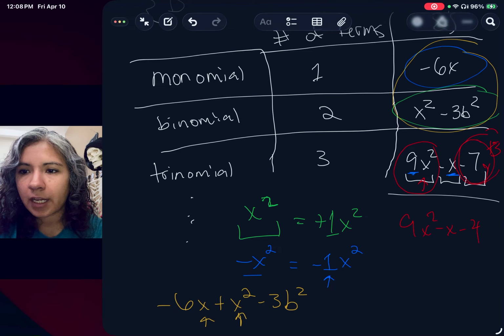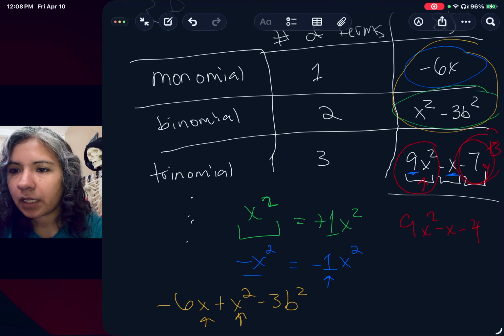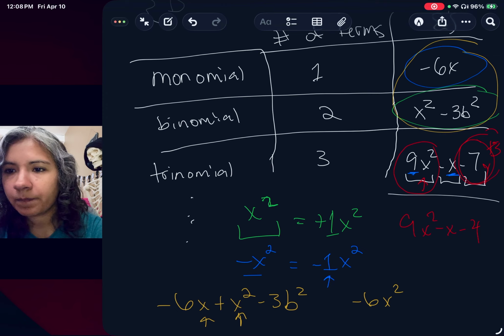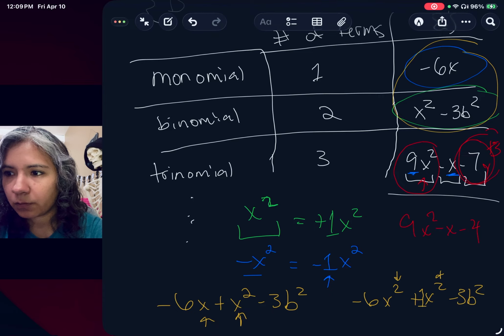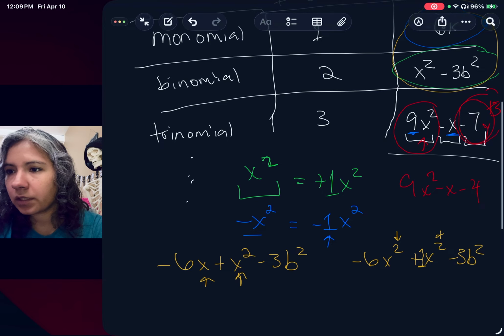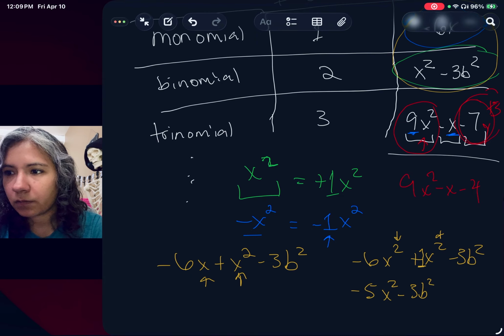The exponents have to be the same for you to combine them. But if you had -6x squared plus x squared minus 3b squared, then these exponents are the same, so you can add them. We'll add our super secret ninja 1 here. So -6 plus 1 is -5, and then we'd have the x squared minus 3b squared.